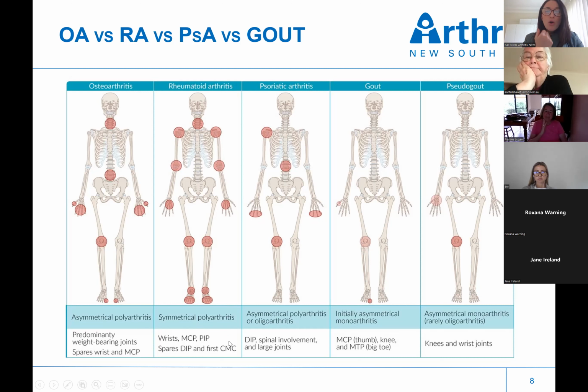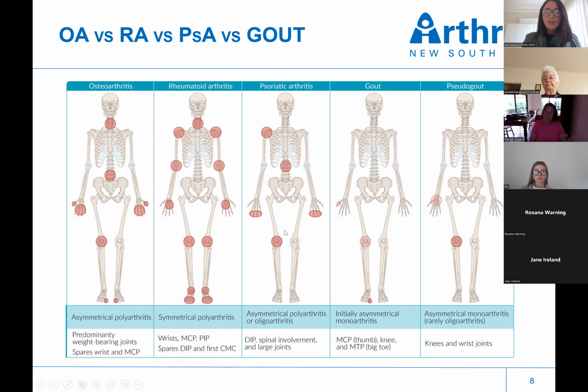Rheumatoid arthritis more often than not affects the wrists, the little carpal joints in here, the carpometacarpophalangeal joints, so these ones all here, and the proximal interphalangeal joint. So after your first knuckle, it's the middle joint. It'll often spare the most distal joints, interestingly.